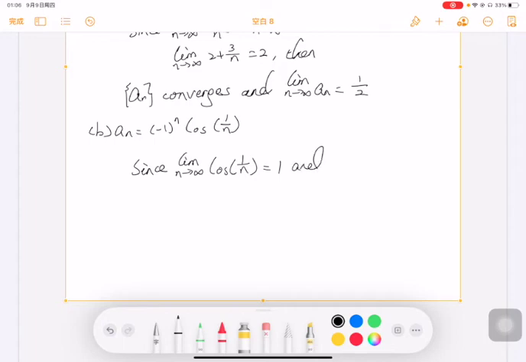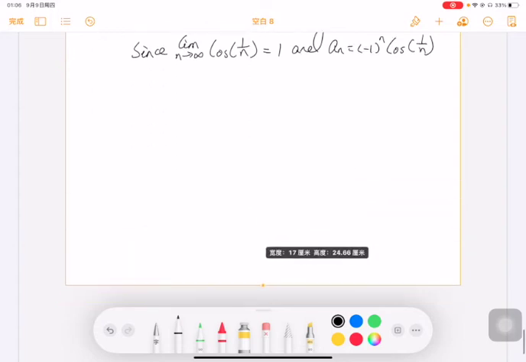And a_n equals (minus 1) to the n times this. So that means it's an alternating series, a series with alternating signs. So when n is super large, one number will be close to 1, then the next number will be close to minus 1, then the next number will again be close to 1.